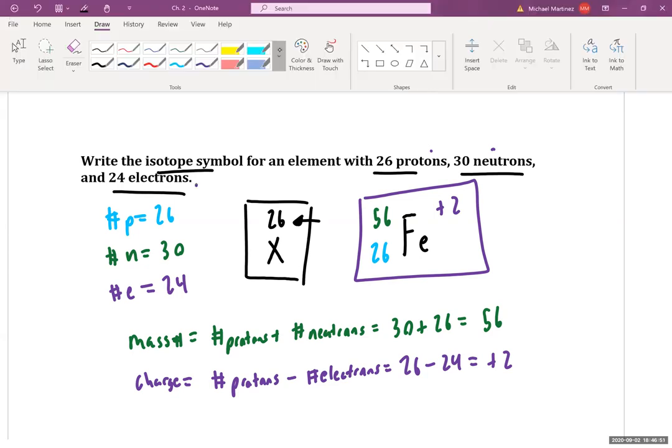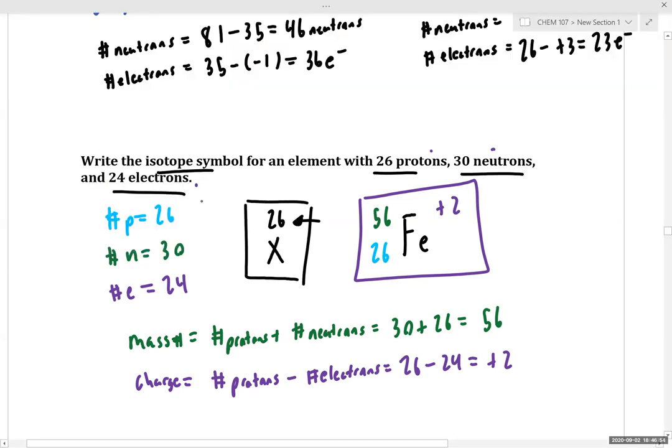Is everyone comfortable with this idea, working backwards here? Any questions before you work on the next set of examples?